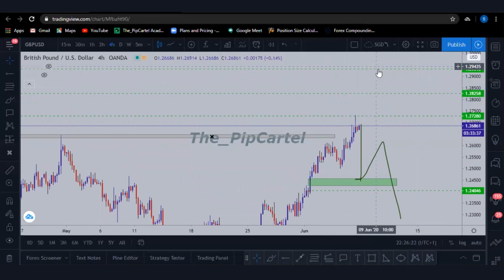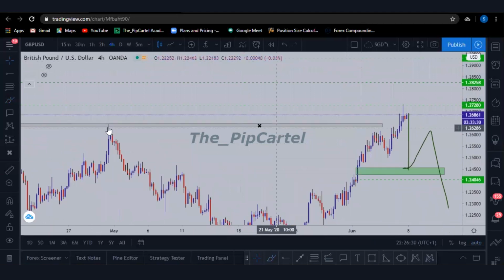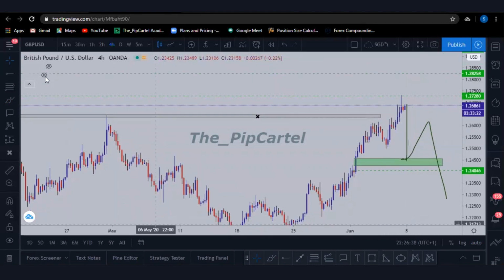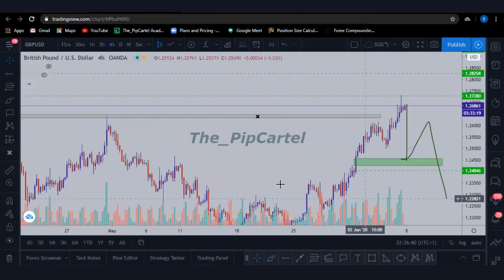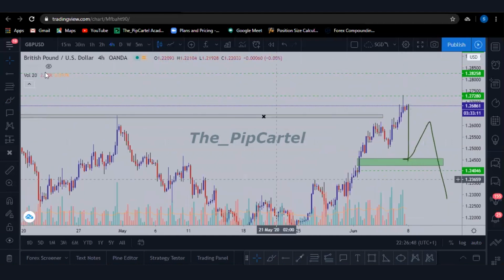I have these other points here as well, but I don't think this is going to trigger yet because we have this beautiful liquidity here that got cleared out, and we don't want price to go all the way up and drop from there. As well, you could always check with volume, and nothing significant here. But that's it.